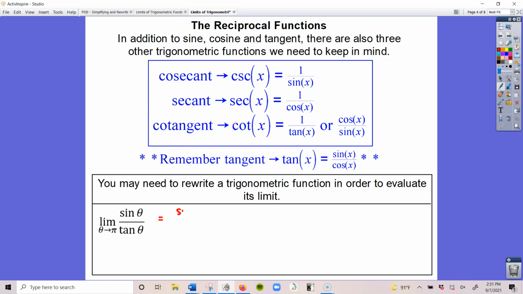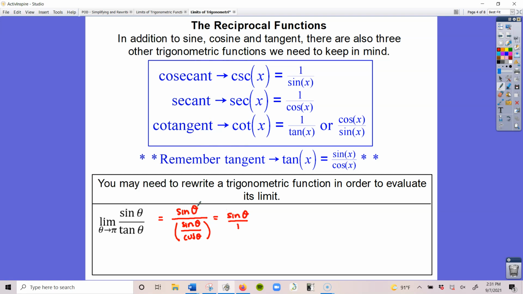The numerator is already using sine, so we're going to leave that. But tangent can be rewritten as sine of theta over cosine theta. Now this is kind of like dividing fractions. Even though sine of theta is not a fraction, we can easily put this over 1. So we have sine of theta over 1.